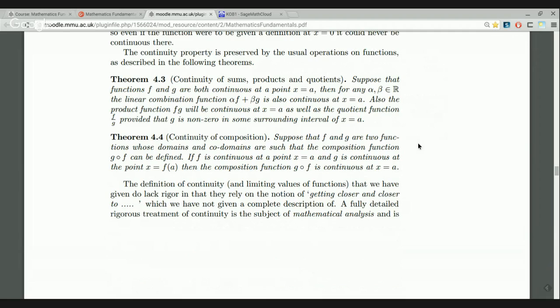So here's a point A in the domain, and you come across to here, here's the value of the function at A. Now the formal definition of continuity is an epsilon type of definition. And again, the epsilon parameter is a radius around the limiting value.